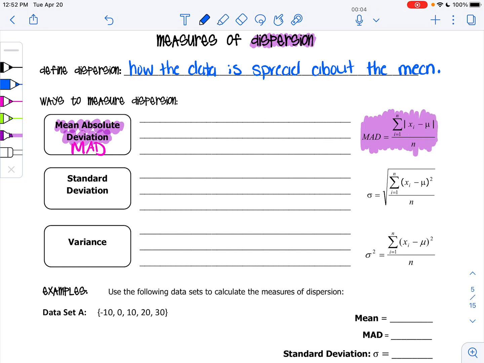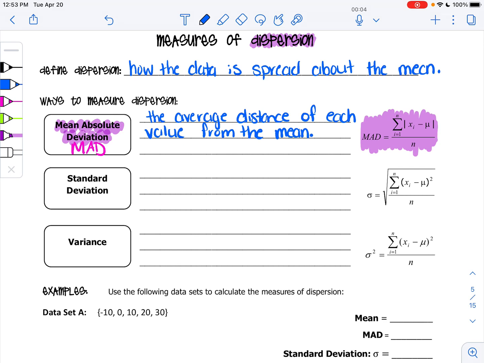The definition for your MAD, or mean absolute deviation, is the average distance of each value from the mean. So basically, what you're doing in the formula to the right is you're finding the difference that each value is from the mean and then averaging them together.